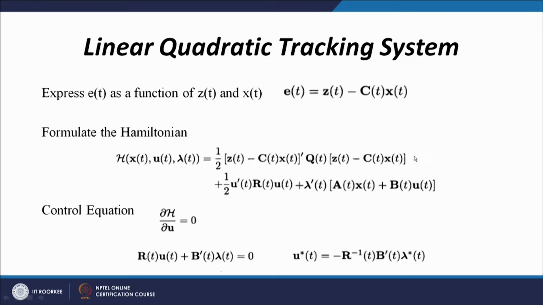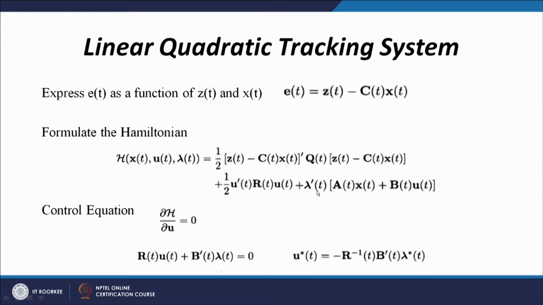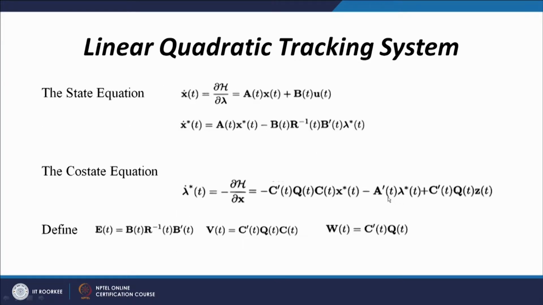If I expand this, my another term will be in terms of the x z, which is giving me C prime q z, and if I multiply this A prime lambda prime A x t and differentiate this, this gives me nothing but the A prime lambda. So, the co-state equation is minus C prime q c x minus A prime lambda t plus C prime q z.